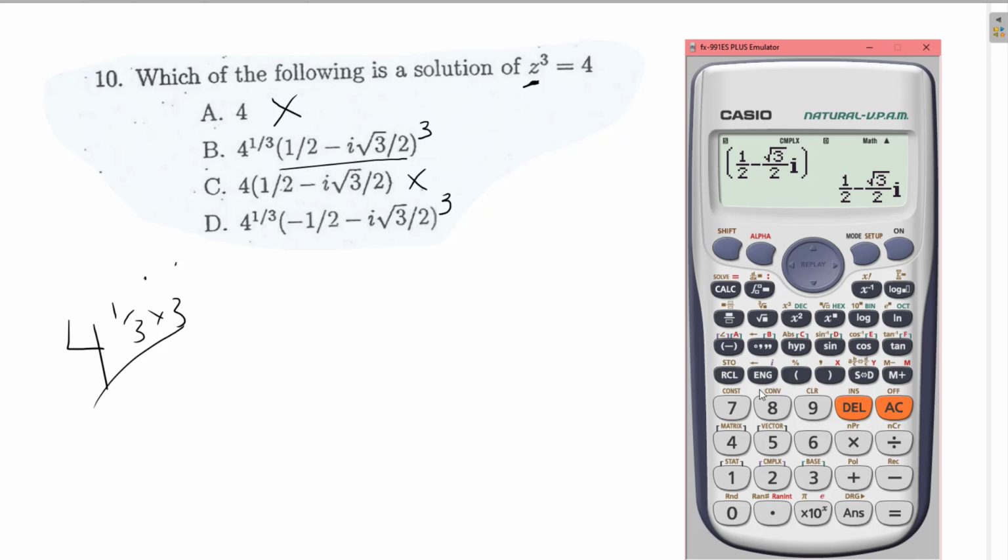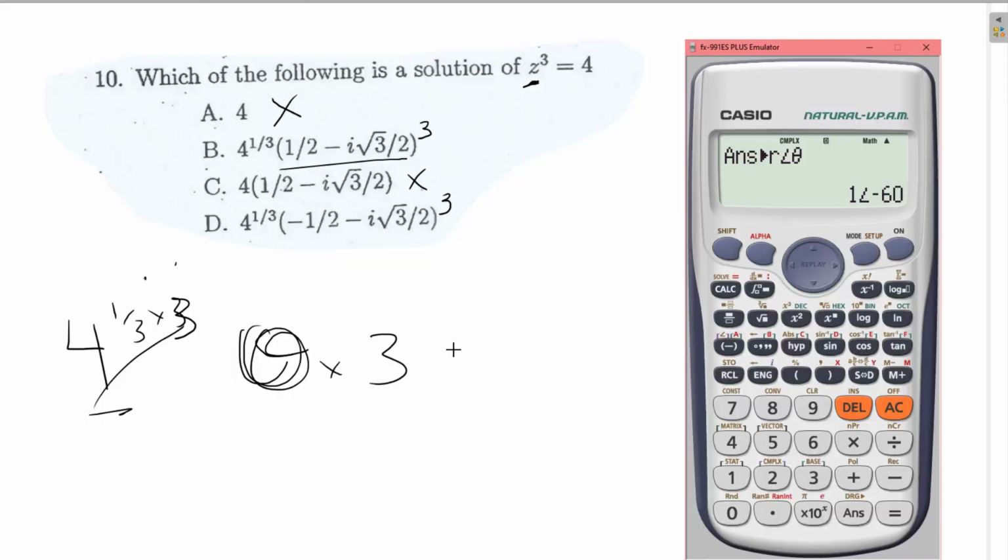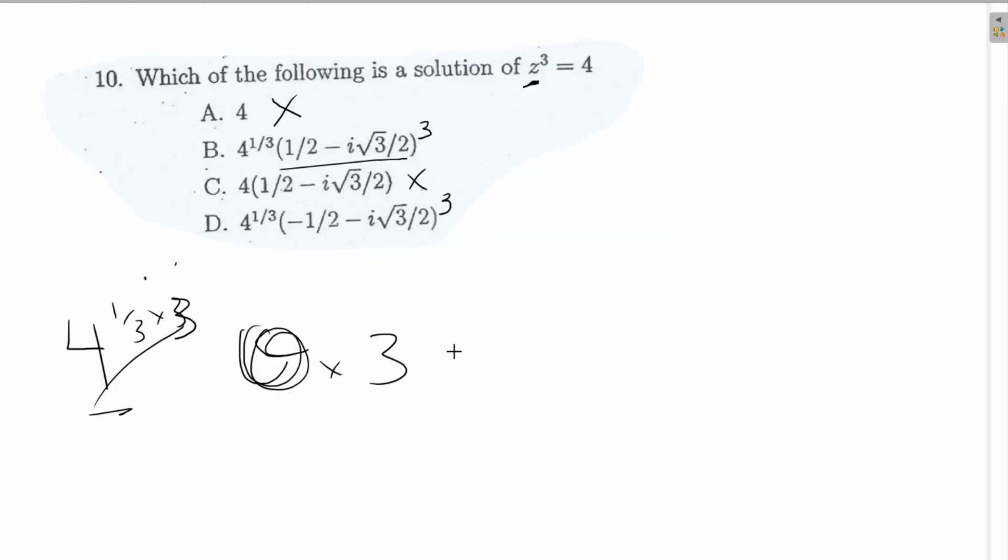We convert this to polar, and the argument of this is negative 60 degrees. We raise our magnitude to 3 and multiply our original argument by 3. So negative 60 times 3 gives us negative 180 degrees.